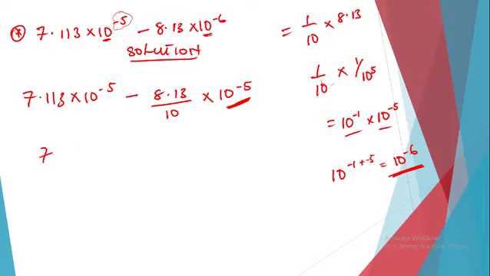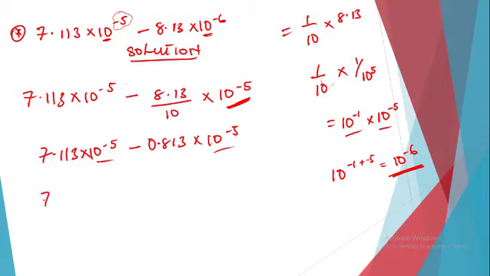So we have 7.113 times 10 raised to power minus 5 minus 8.13 divided by 10 will give us 0.813. Okay, now times 10 raised to power minus 5. They are now the same multiplier, so what do we do?